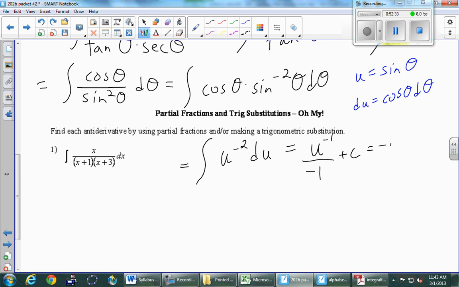So -u to the -1 is the same. And then instead of u, I'm putting sine. So this is negative. Yeah, so we'll write that as a -1 over sine theta.